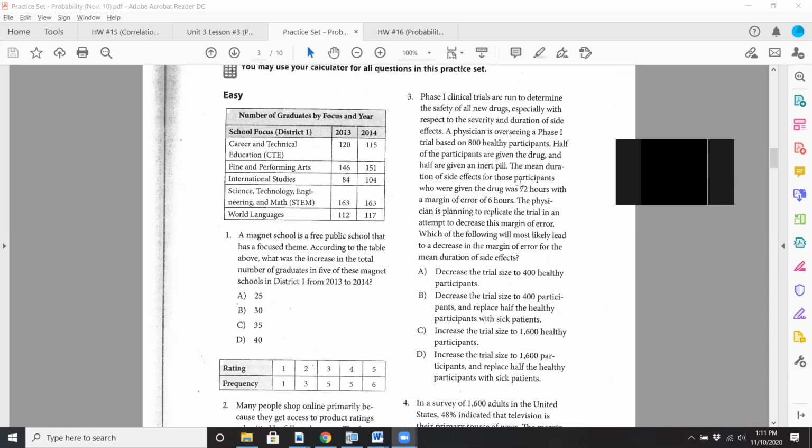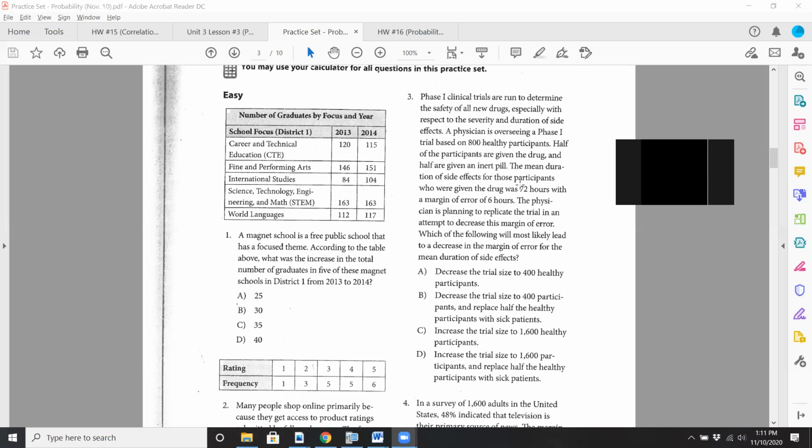Yeah. Phase 1 clinical trials are run to determine the safety of all new drugs, especially with respect to the severity and duration of side effects. A physician is overseeing a phase 1 trial based on 800 healthy participants. Half of the participants are given the drug and half are given the inert pill.